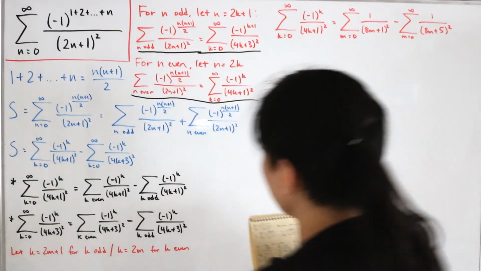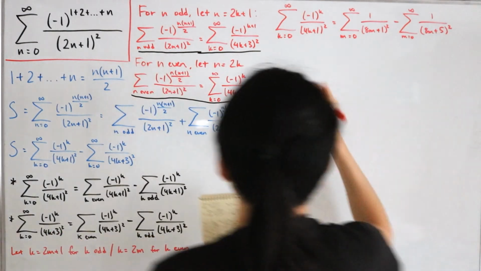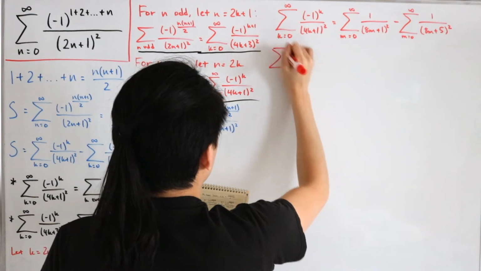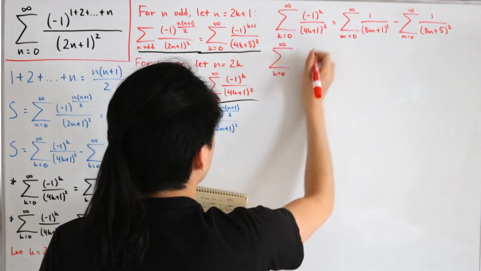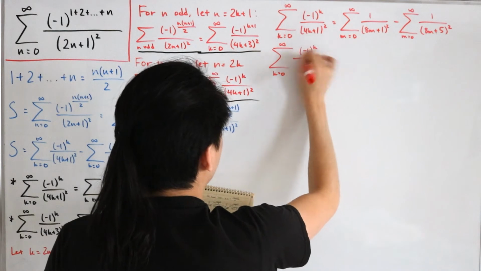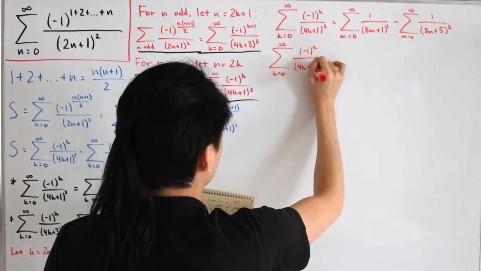And then the same thing can be applied for the 4k+3 term. So now we have our new sum, the infinite sum, k equals 0, (-1)^k divided by (4k+3) quantity squared.